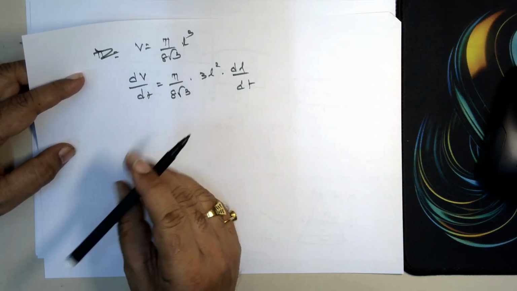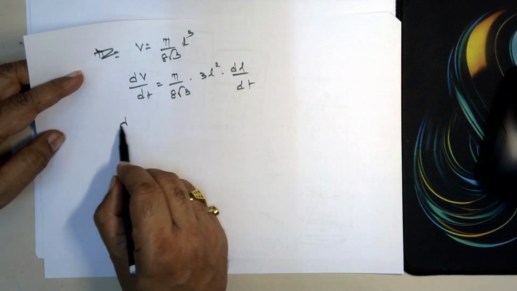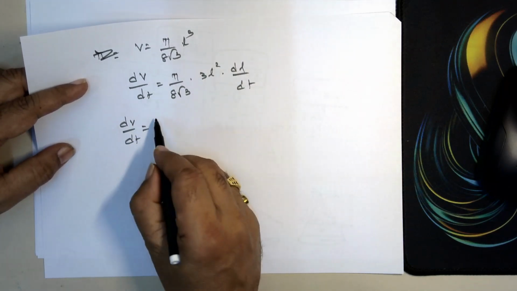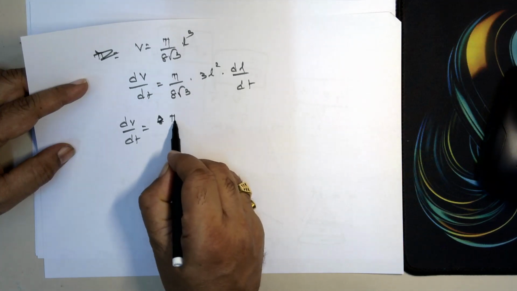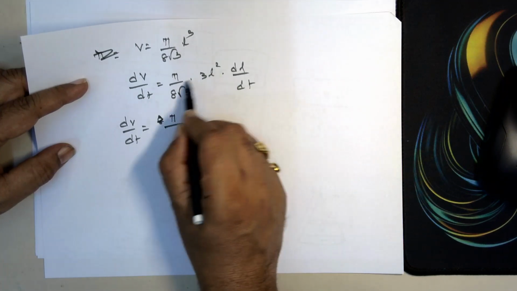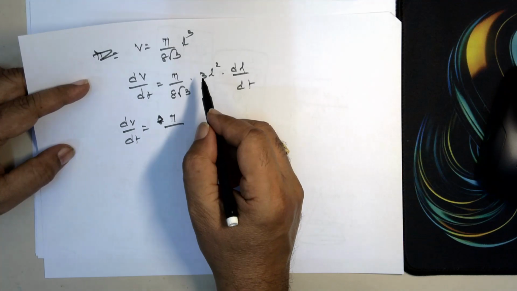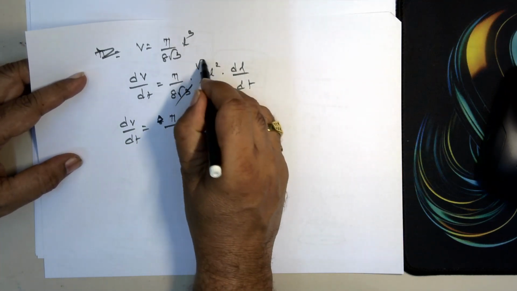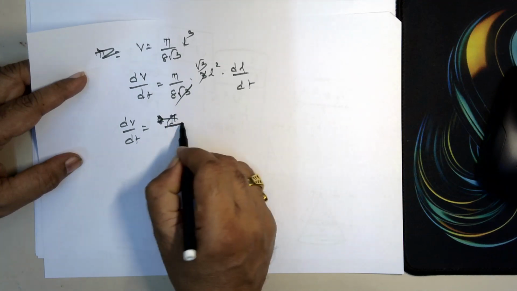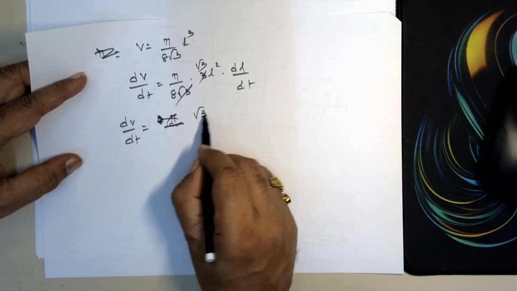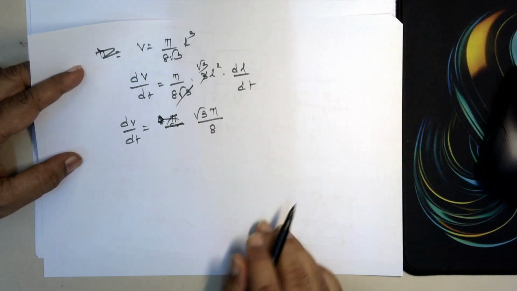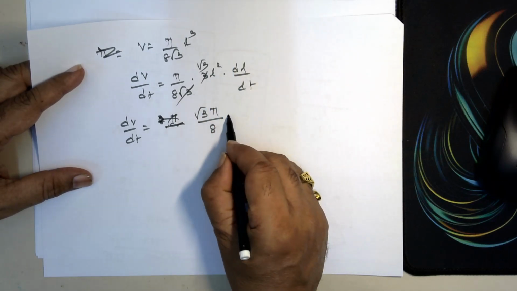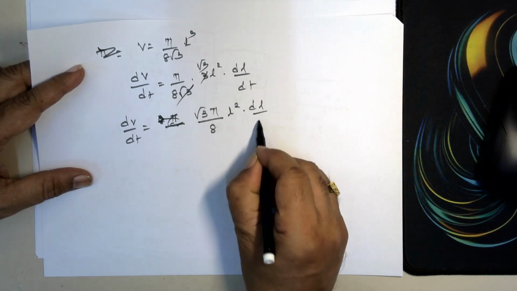Now dV by dt is equal to 5 pi divided by 8, that is 3 pi, right? Once again, you can adjust this root 3 and 3, so it just becomes root 3. So you can call it root 3 pi divided by 8, and you have L squared into dL by dt.